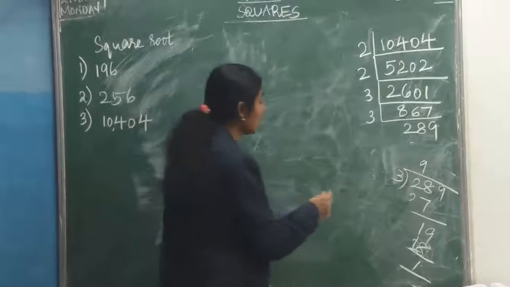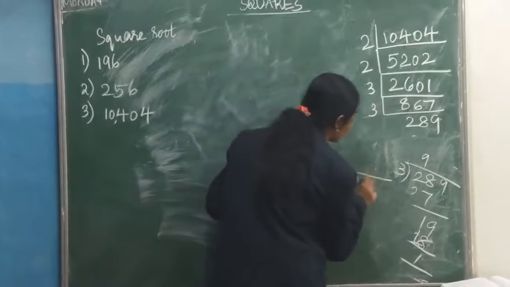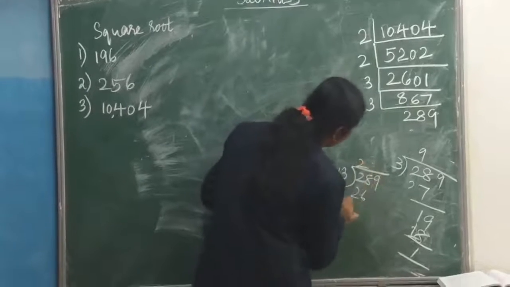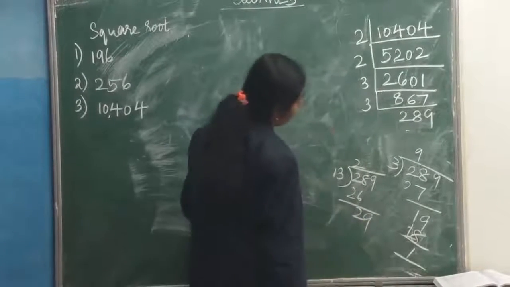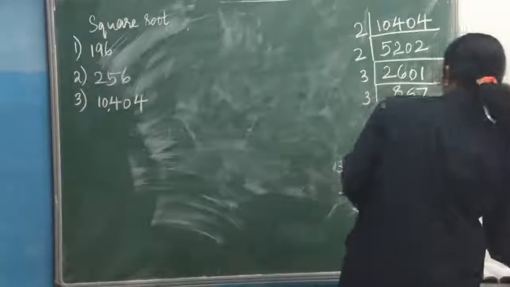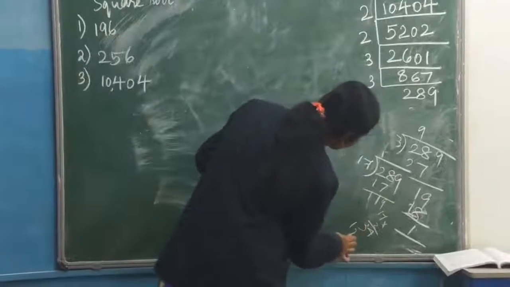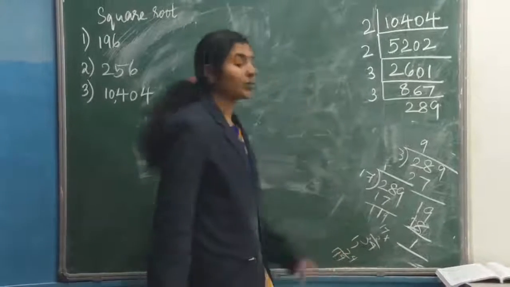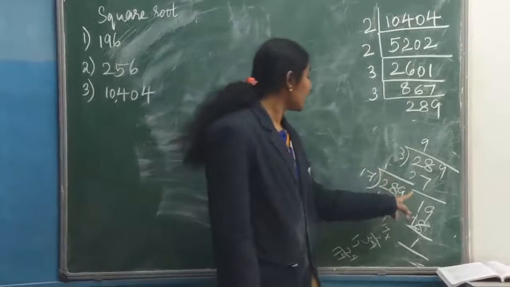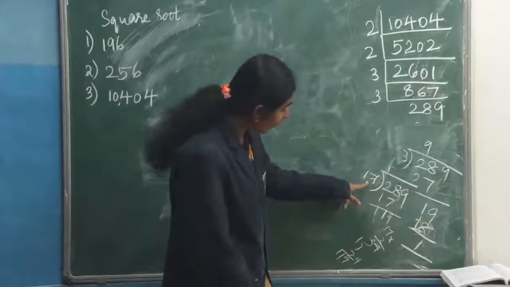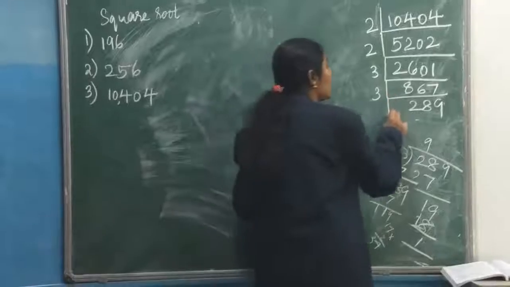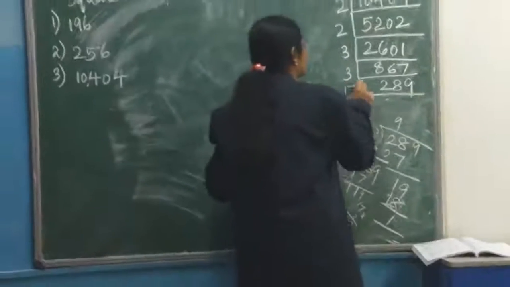Next prime number 13. Not possible. Next, 17 is possible. So when you are dividing 289 by 17 you will get 17 itself. 17 is a prime number.